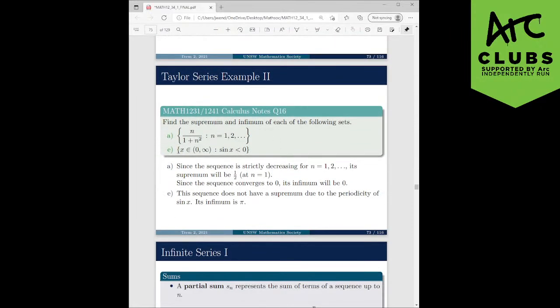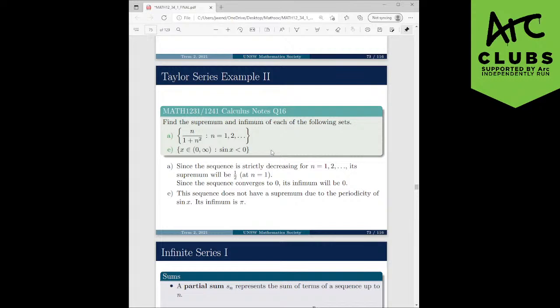Part B, you have sine x is less than 0, x belongs to 0 to infinite. A bit of a funkier looking sequence. To find those values of x for your sequence, when sine x is negative, recall the beautiful sine graph.